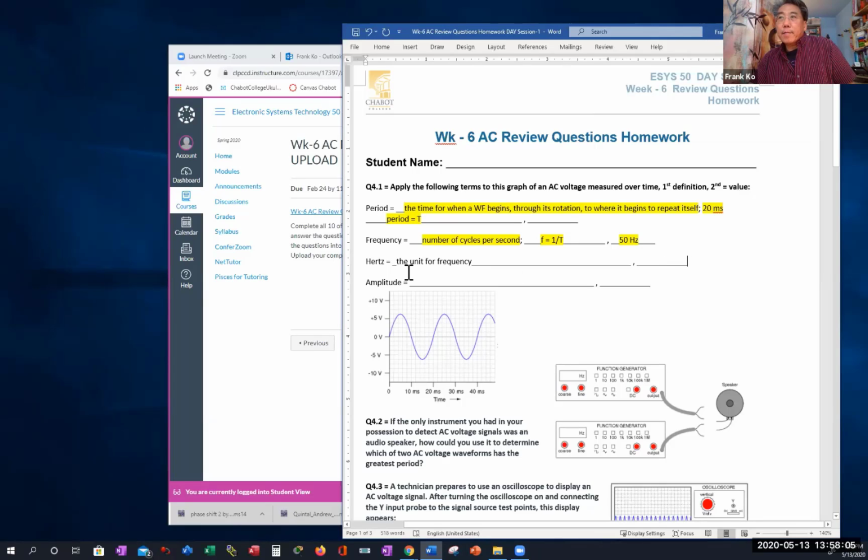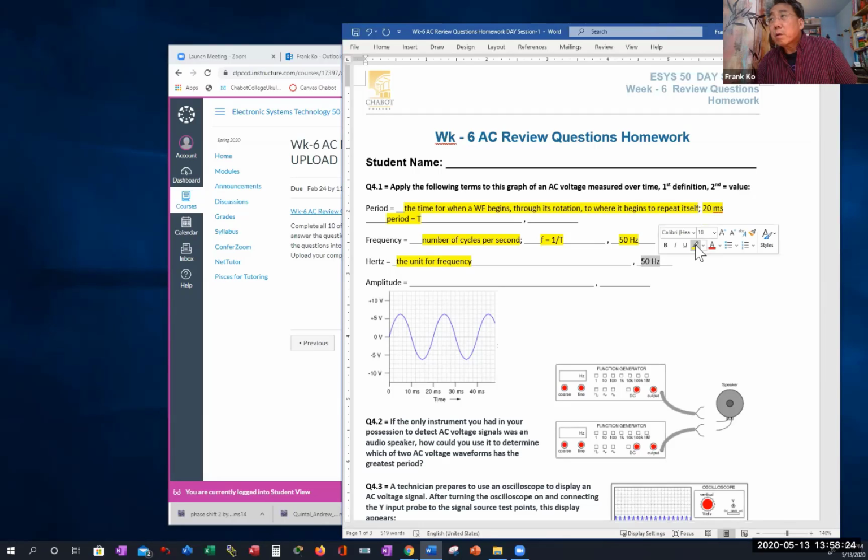Okay. And then the Hz is defined as the unit of frequency. And in this particular case, you could also type in 50, capital Hz here as well. That's fine.